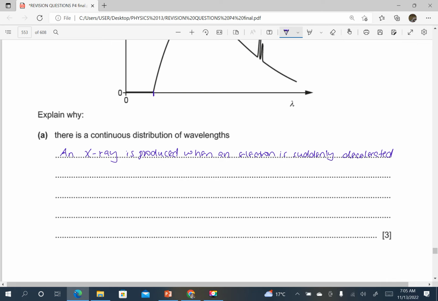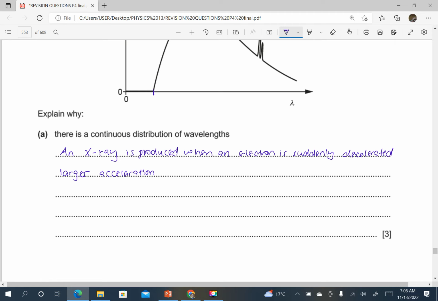If we have large accelerations, they will result in large photon energies. Larger accelerations or decelerations result in larger photon energies.